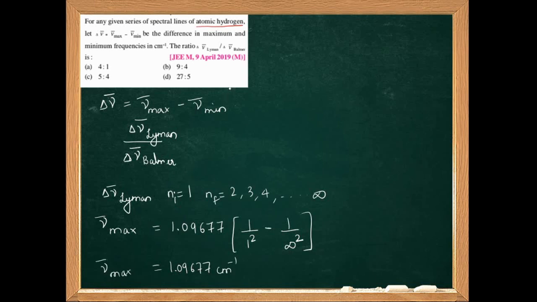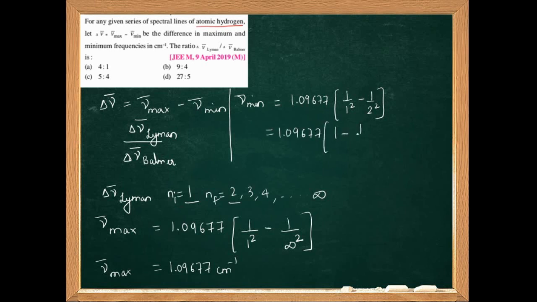Now if I want to find the minimum for Lyman, nu minimum is the minimum difference in energy, which will be n equal to 1 to n equal to 2. This will give us 1.09677 into 1 upon 1 square minus 1 upon 2 square. So this will be 1.09677 into 1 minus 1 upon 4.